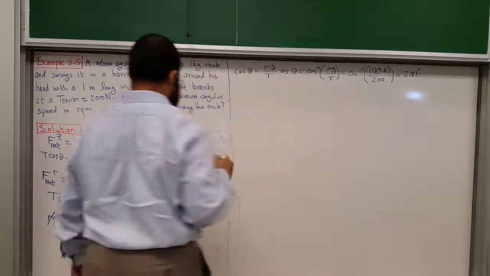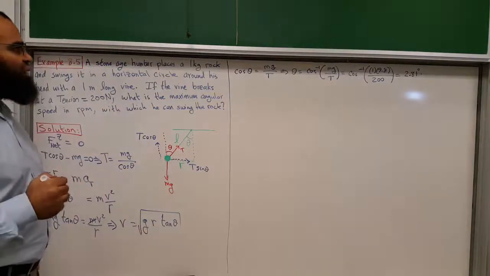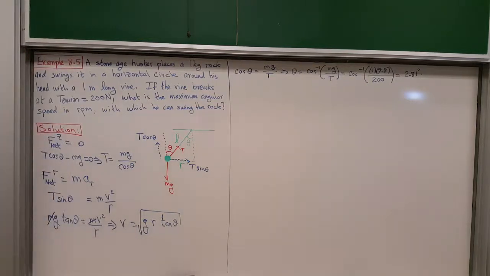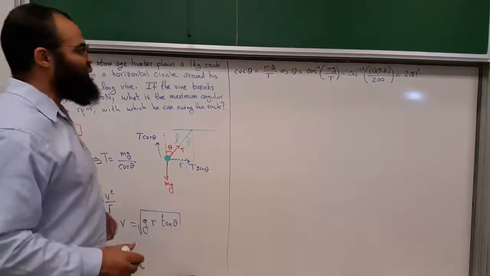That'll be the theta. And let me just double check that I actually have the right angle. I don't want to continue if it's incorrect. Indeed, my angle is correct. Good. Otherwise, we have to do the problem again.